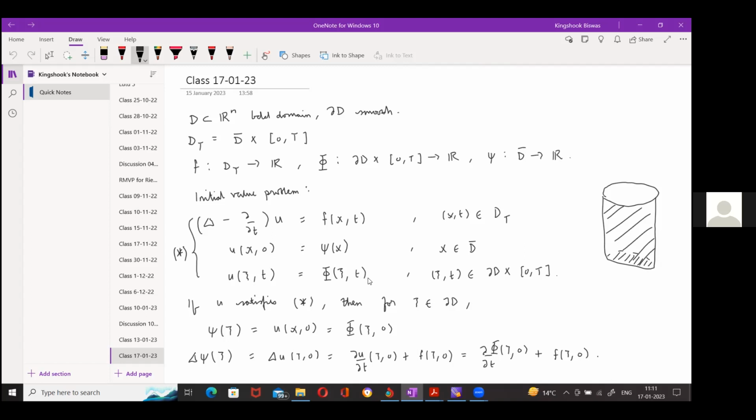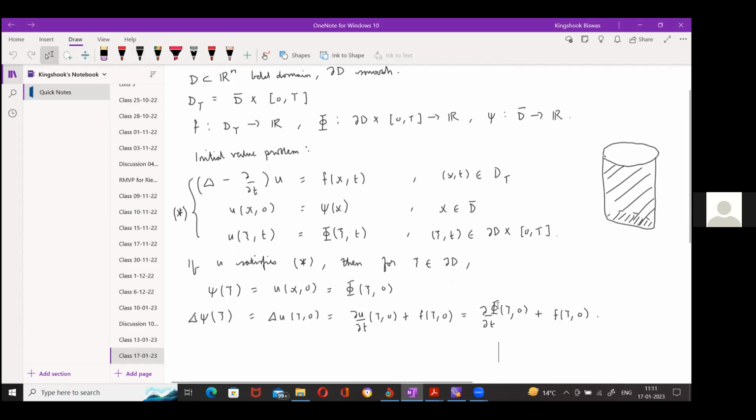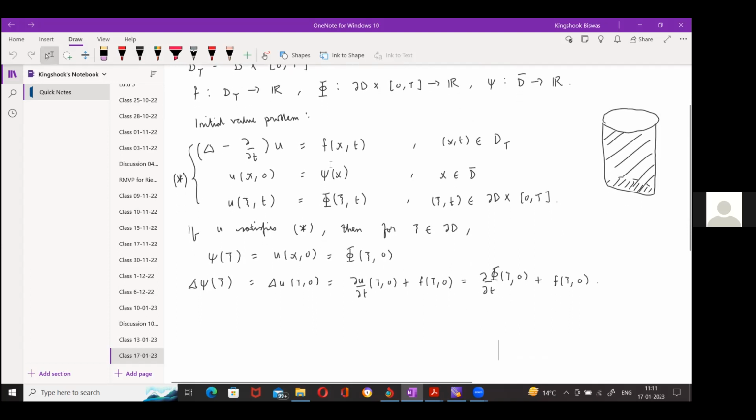So what one wants to say is that given this initial value problem, you have a solution to the heat equation satisfying these three conditions. The only thing one has to make sure is that there are certain compatibility conditions between the initial data, for example between this function psi and the function capital Phi.